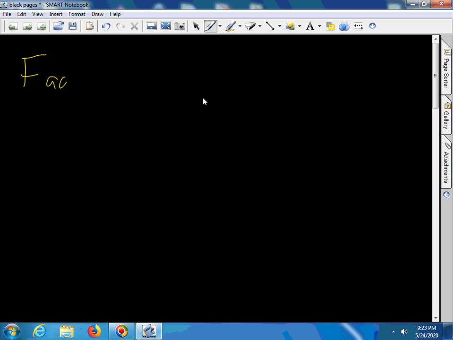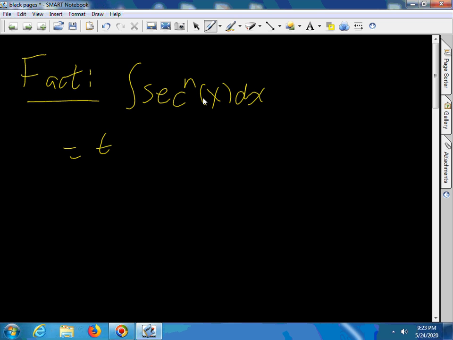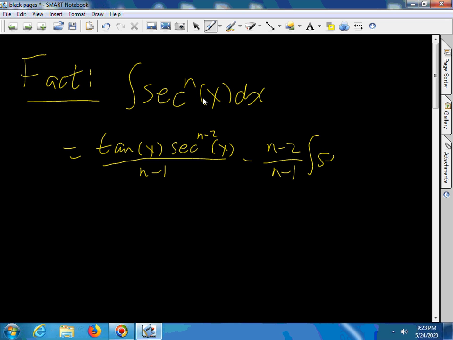We're going to prove the following fact, that the integral of secant raised to the nth power of x dx is equal to, and this one I need to copy down, the tangent of x times secant raised to the n minus 2 of x all over n minus 1, minus n minus 2 over n minus 1 times the integral of secant raised to the n minus 2 of x dx.